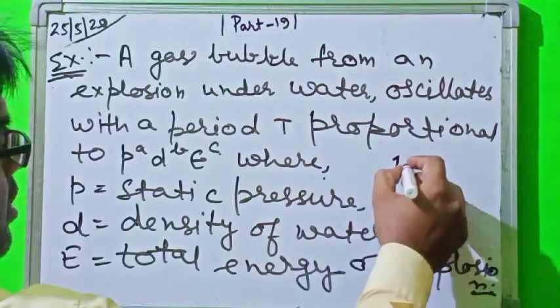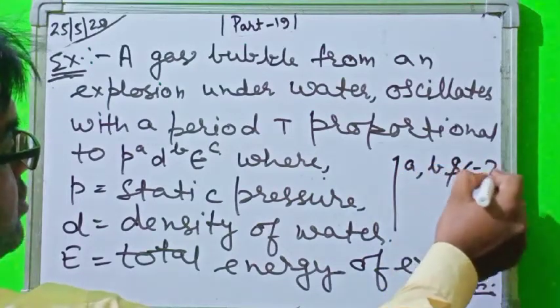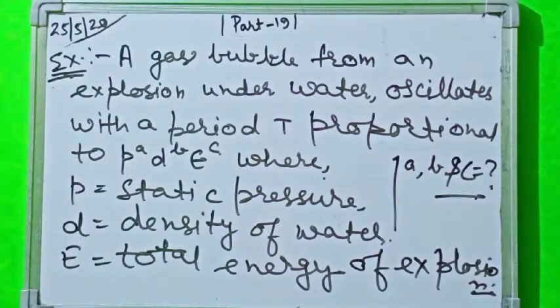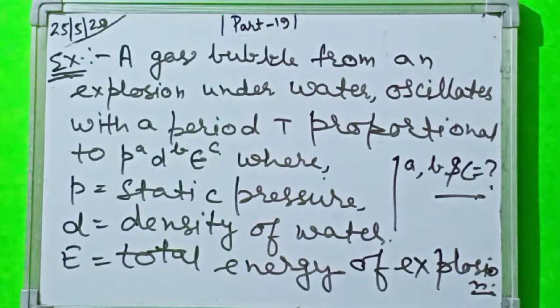What do we have to do? We have to find the values of a, b, and c. It is very simple. It is given that the time period of oscillation of the gas bubble on explosion depends on pressure to the power a, density to the power b, and total energy to the power c.